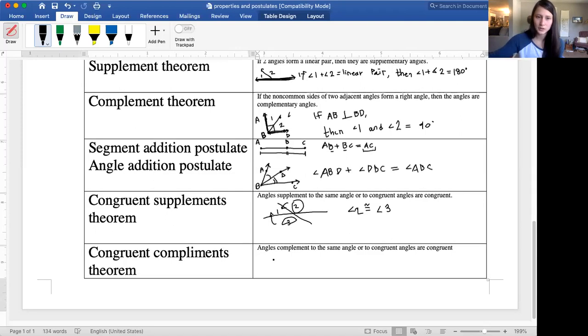So let's talk about what that would look like for our complementary angles, okay? So I've got angles 1, 2, and 3.